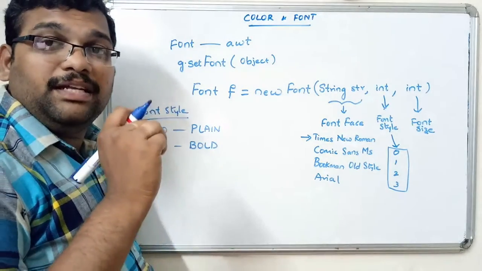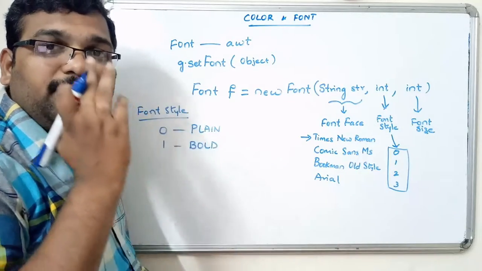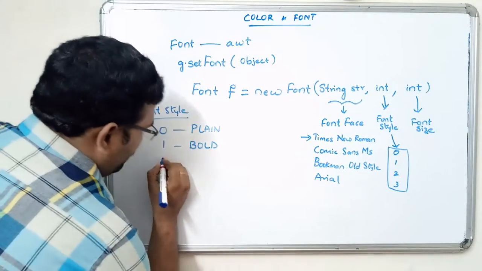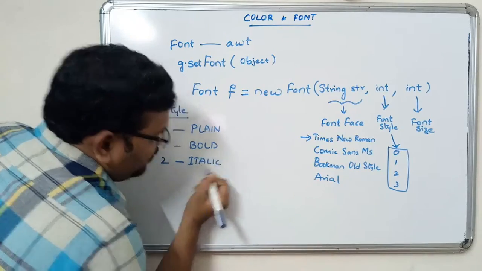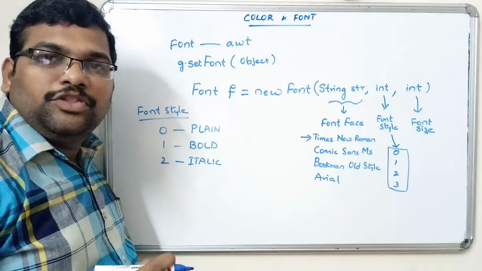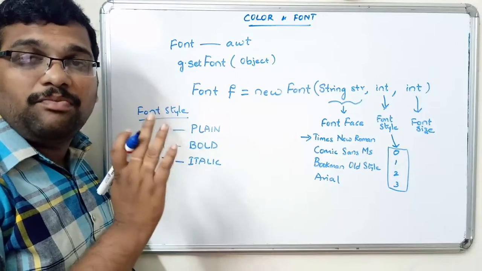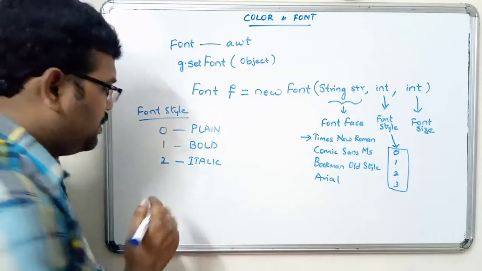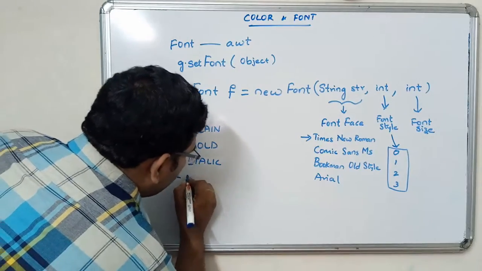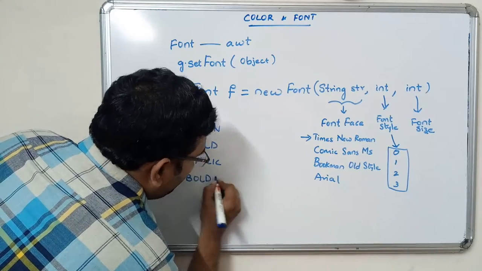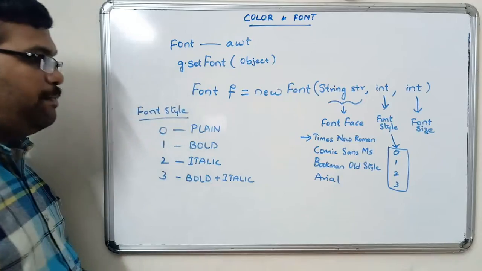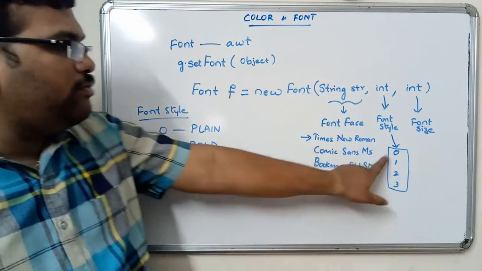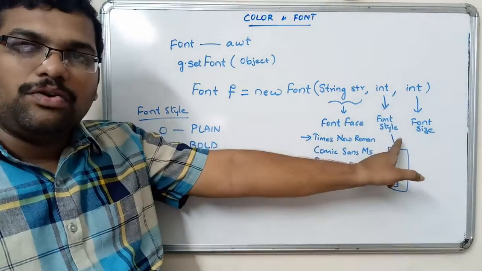So what is meant by normal plain text and bold text? 2 is italic text, that means somewhat slanted. And 3 is a combination of bold plus italic. This we have to pass as the second argument.